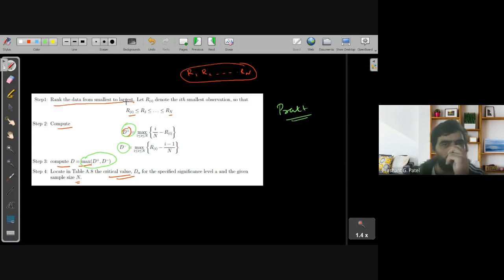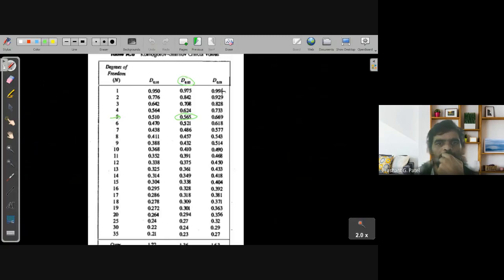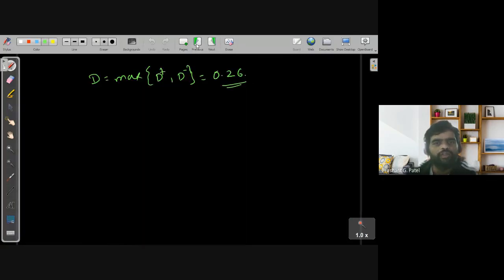First, you have to consider your numbers in increasing order, from smallest to largest. Then you compute D plus and D minus, and from that you consider the maximum value. Then you use this table, which is already available in R, and compare that value with the observed value.